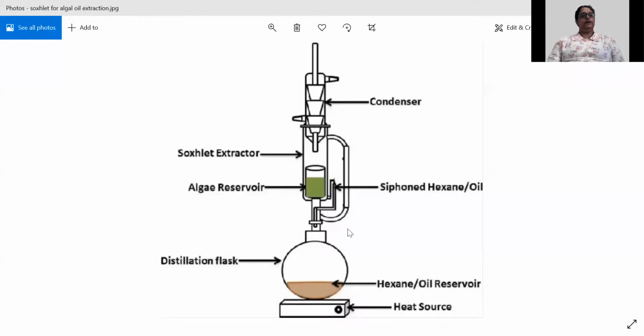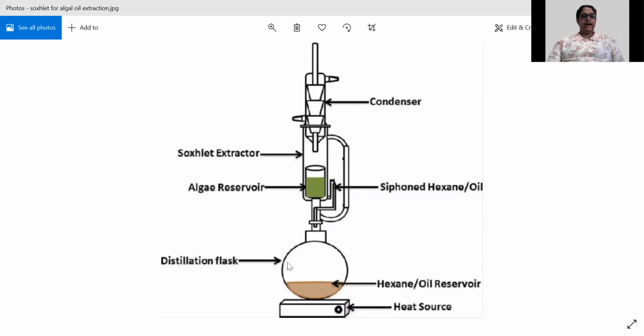Now, I would like to share with you an image of a Soxhlet apparatus. This is a typical Soxhlet apparatus for an oil extraction. It has three parts. One is the reservoir, where we will have the hexane.